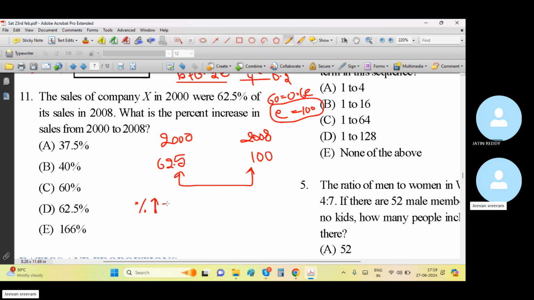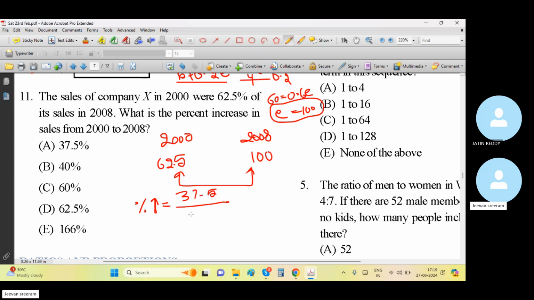What's the formula for percentage increase? Percentage increase is difference by lower number into 100. Difference is 37.5, am I right?